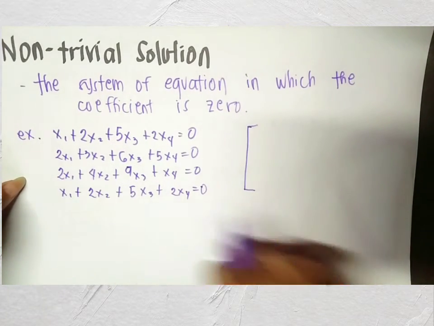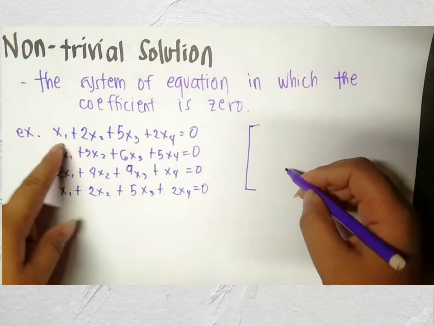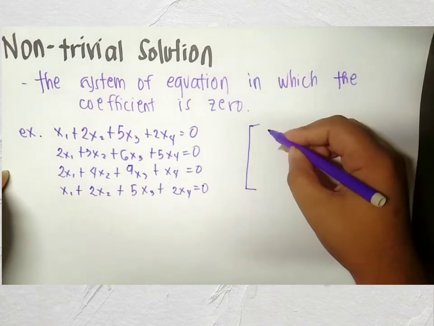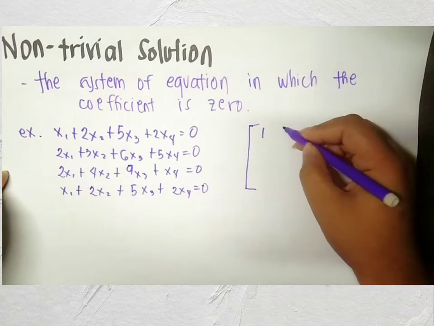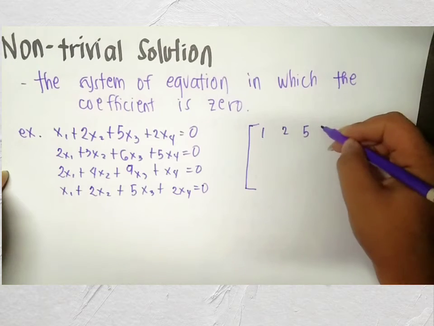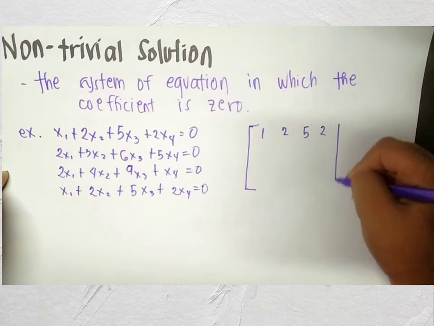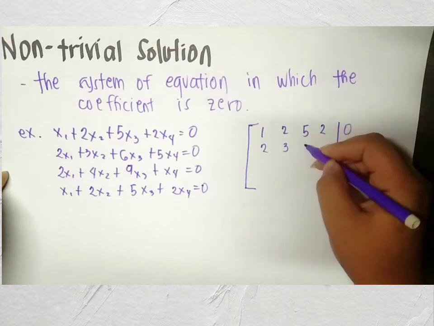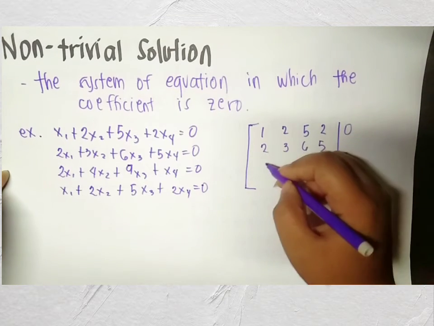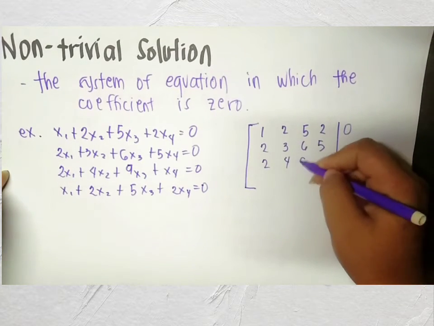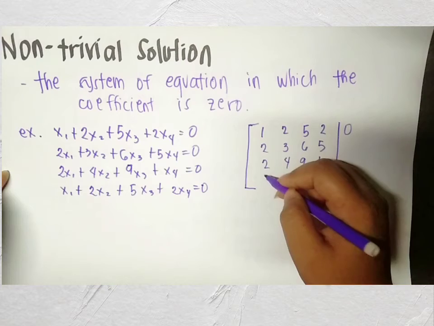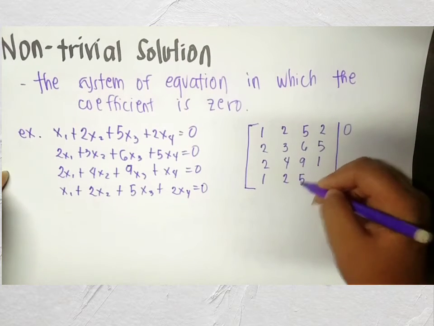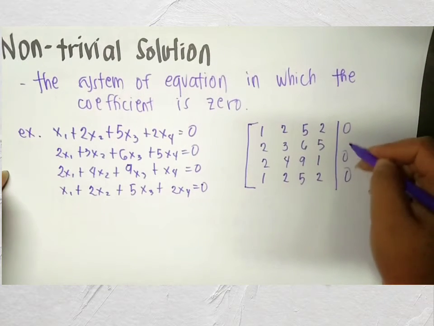Tatanggalin lang natin yung mga variables. So, x sub 1 is visible as 1, 2, 5, 2, 0, 2, 3, 6, 5, 2, 4, 9, 1, and 1, 2, 5, 2, 0, 0, 0.